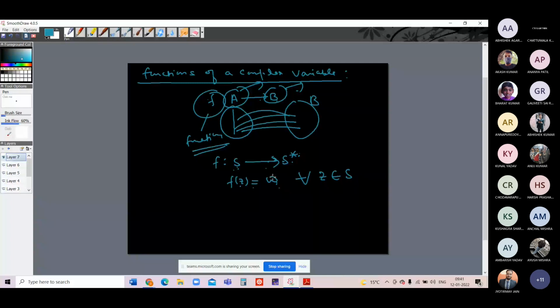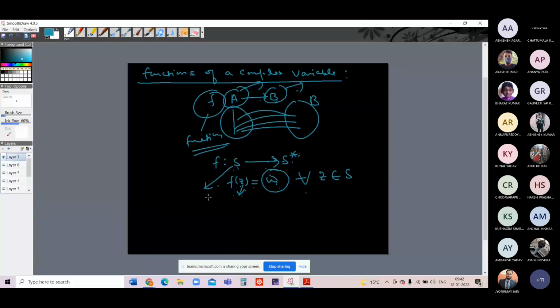Here the variable is a complex variable, and the image we get of this z under f is also a complex variable. So this function is called a function of a complex variable. This S is called the domain of definition of f.